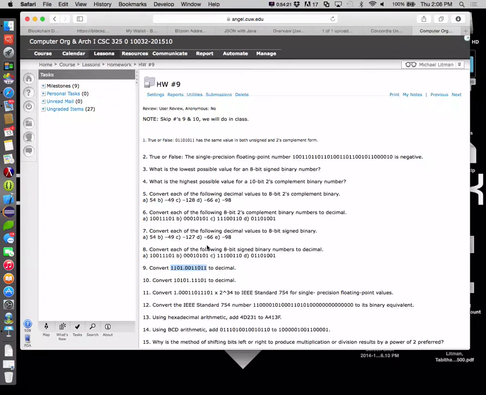Remember, the question asked us to convert this binary representation. Now, technically, you could have argued that this isn't in binary. It just looks like it's in binary. Although I think in the book they actually had B's on there and I took that off. Or they had 2's on there and I took the 2's off. So you actually couldn't argue that from the book.